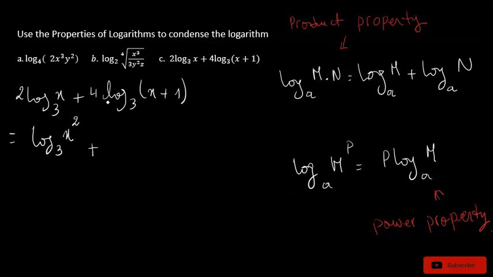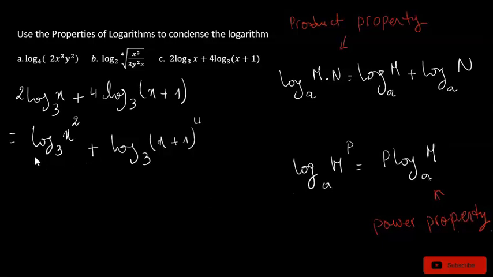Plus, I will do the same thing for the second term. I can write it as log base 3 of x plus 1 raised to the power 4, since we know that log base a of m raised to the power p is p log base a of m.